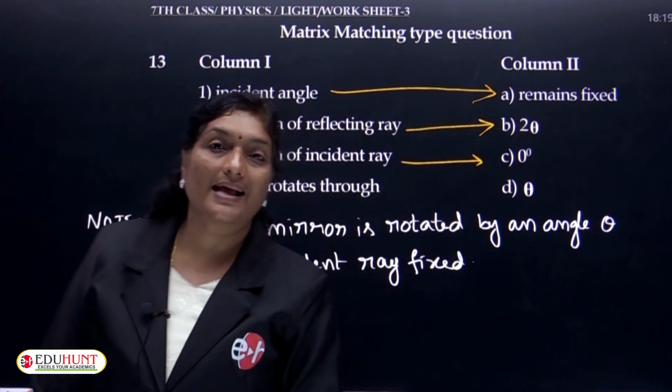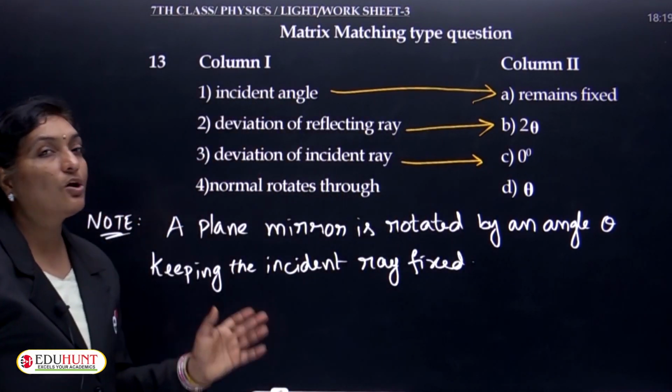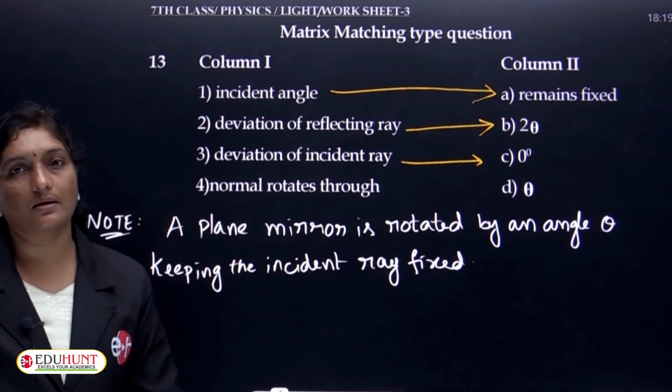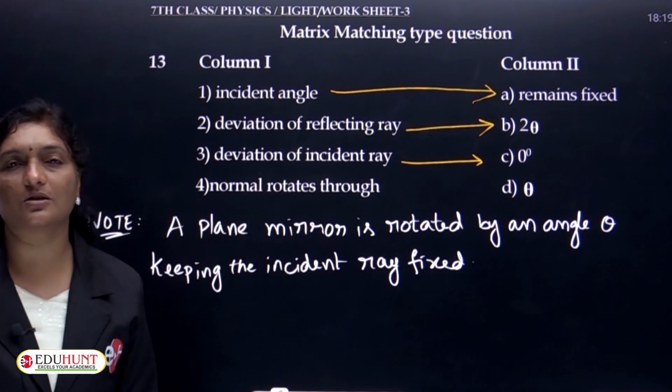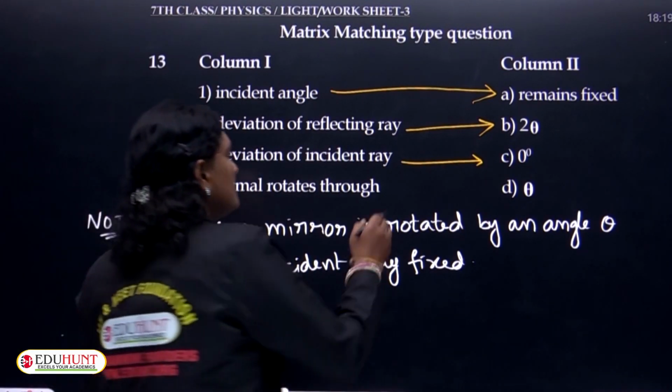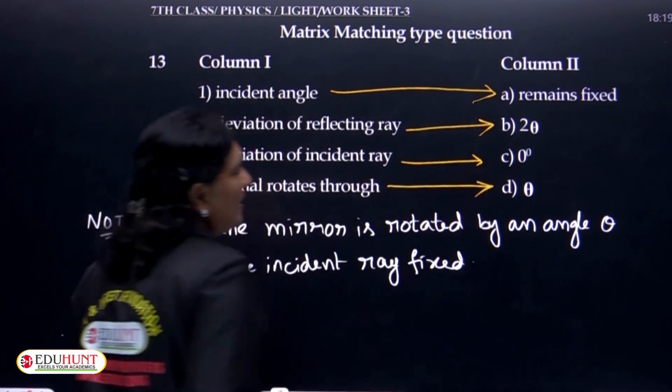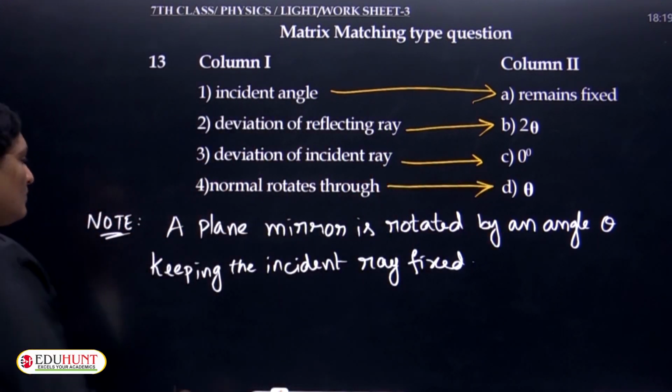Okay. And now the last one. Normal rotates through how much? If the mirror rotates by theta, the normal also rotates by theta. Hence, the normal rotates by an angle theta. So, what was our observation?